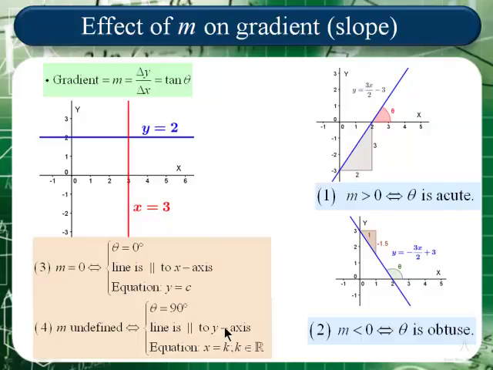The line is now parallel to the y-axis, and the defining equation is x equals a constant. Remember the special cases here. If y is equal to 0, then it's the x-axis, and if x is equal to 0, then it's the y-axis. Let us focus on parallel and perpendicular lines.